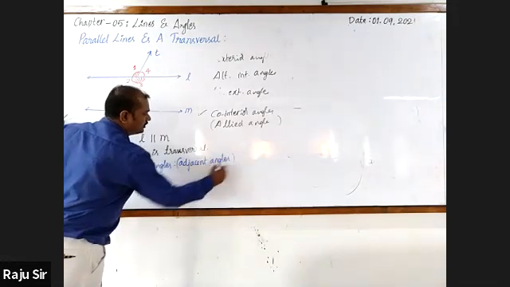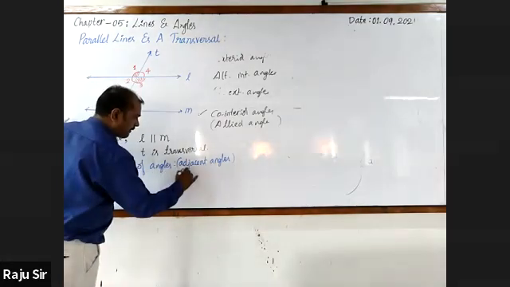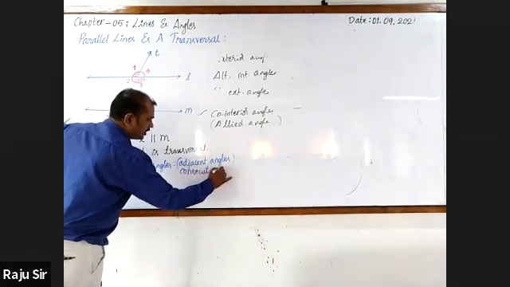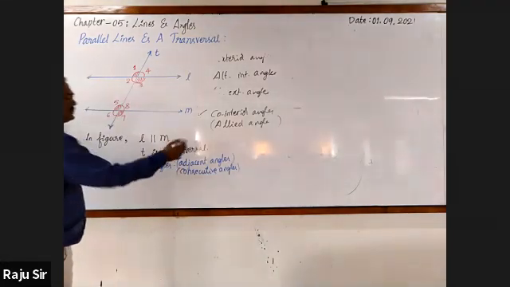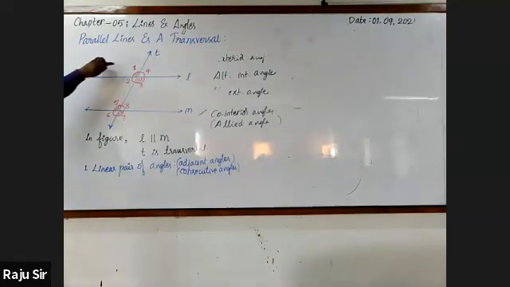What are they also called? Supplementary angles. They are also called consecutive angles. There is just one beside the other.